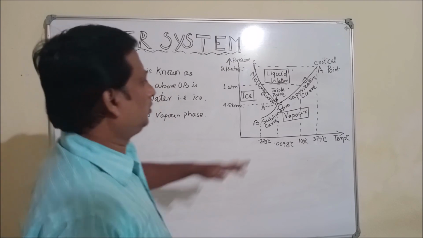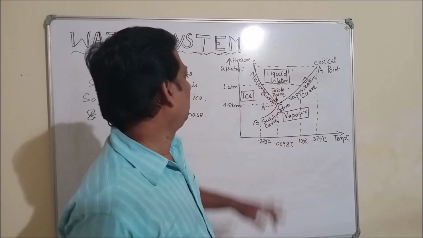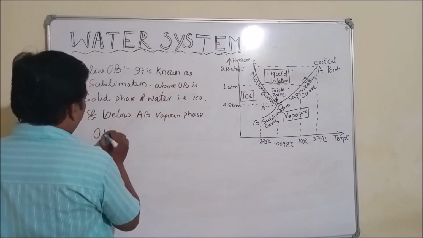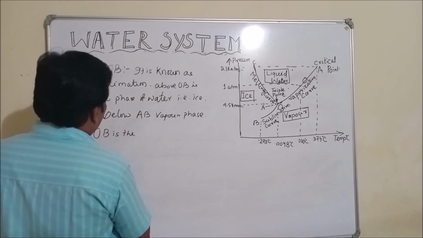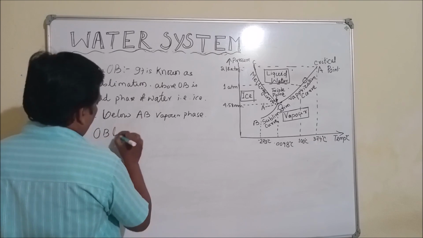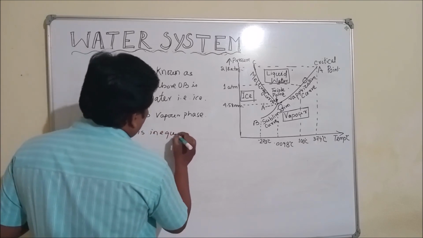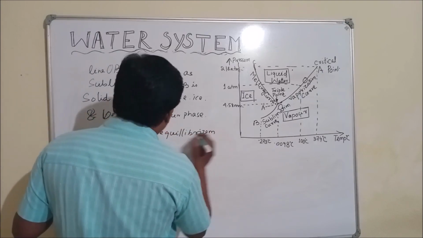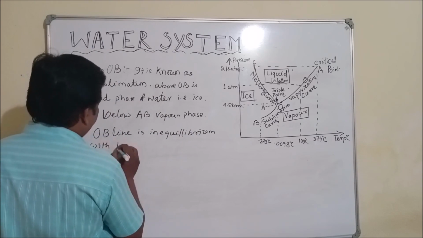So here solid phase and vapor phase both coexist on the OB line. The OB line is in equilibrium with both the phases.